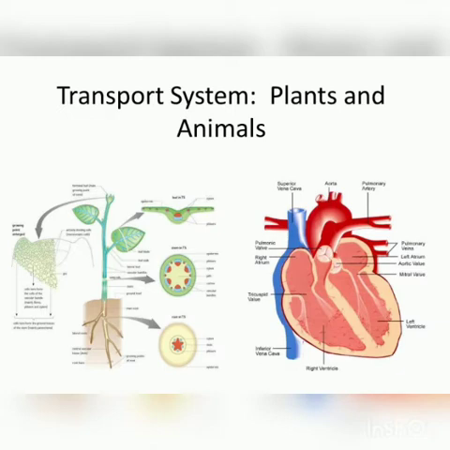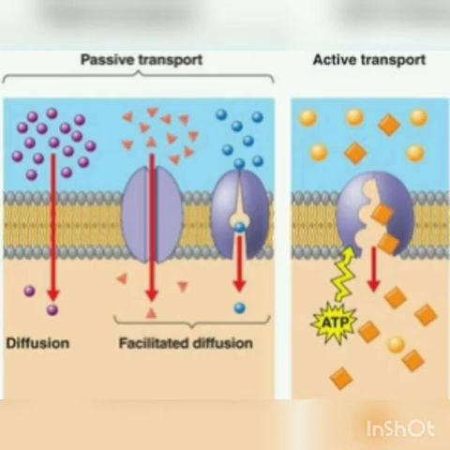Before we start, let me tell you what are the things we are going to read in this lesson. See, the food and the oxygen which is needed by our body will be transported throughout our body to each and every cell by our circulatory system.